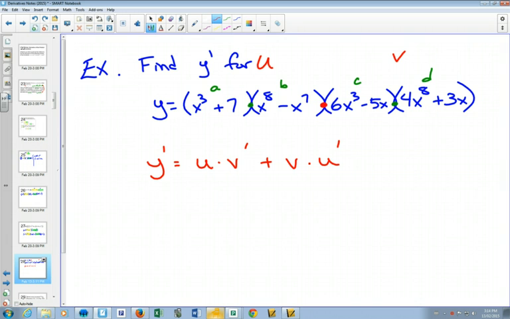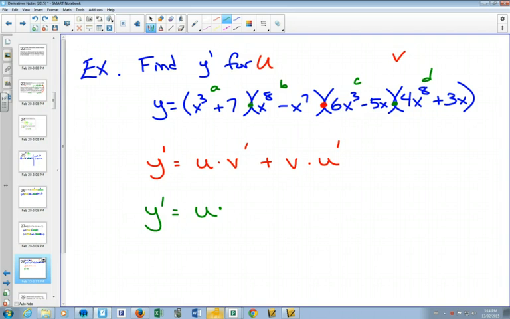Now, if I think about v prime, I'm going to go to green. u stays u. It doesn't matter what kind of products there was to begin with. I would still have a u there because it's not an actual derivative. But if I'm thinking about the derivative of v, v is a product.